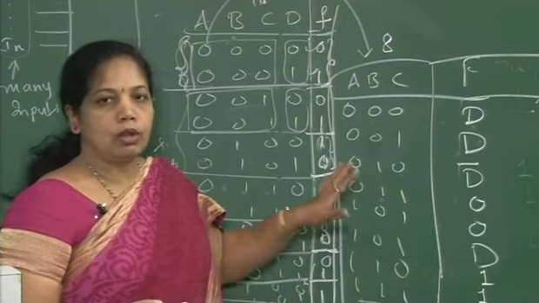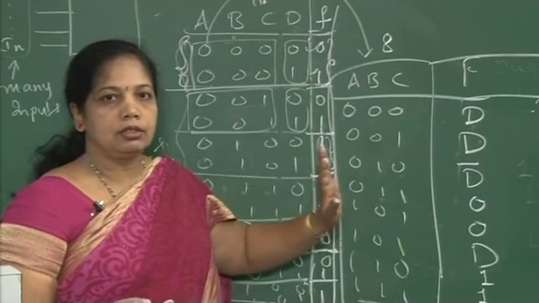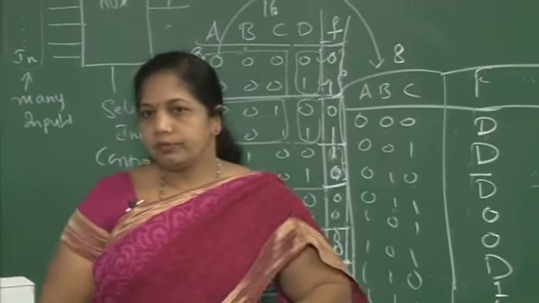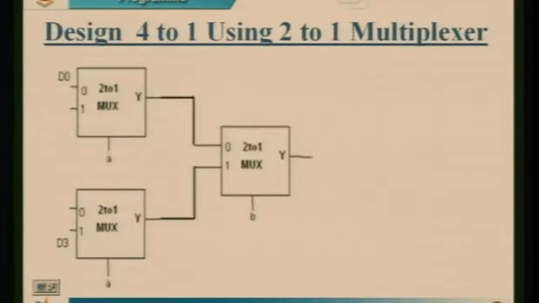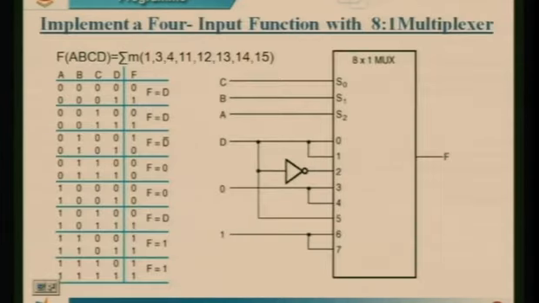So now, how do we connect this to the circuit? You can go to the circuit diagram over here. In the circuit diagram, you can see I have connected S0, S1, S2 to A, B, C, where C represents the least significant bit. As I said, A will be the most significant bit.